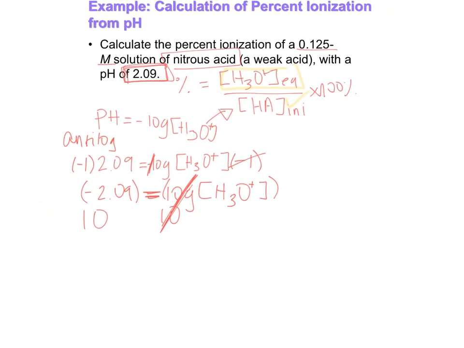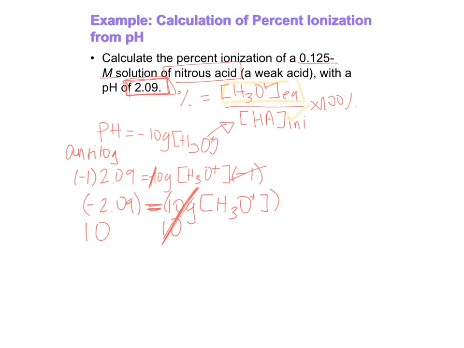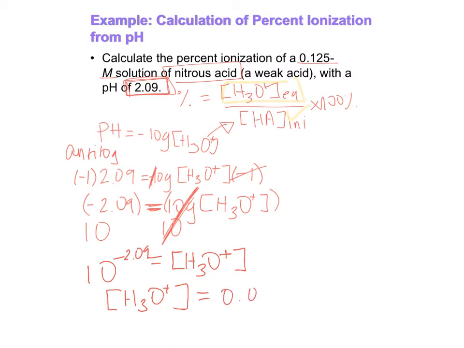What you're left with is the H3O concentration equals 10 to the negative 2.09. So that gives us the concentration of hydronium overall. From this, you should get 0.0081 molar.